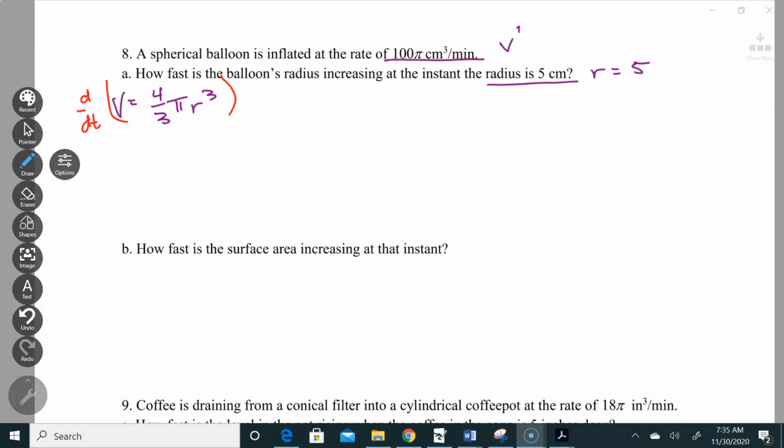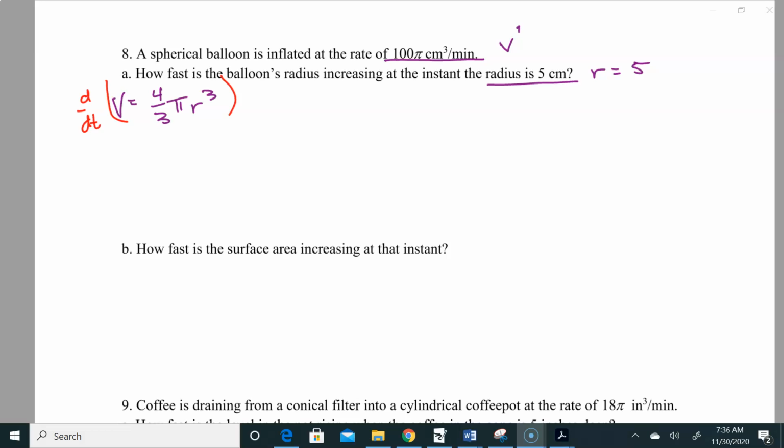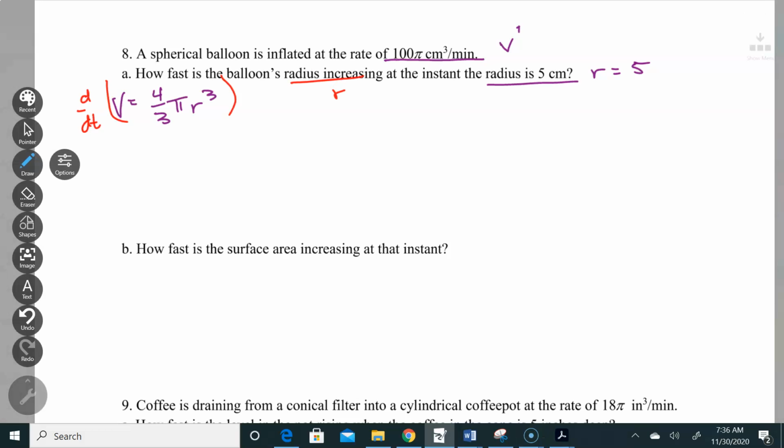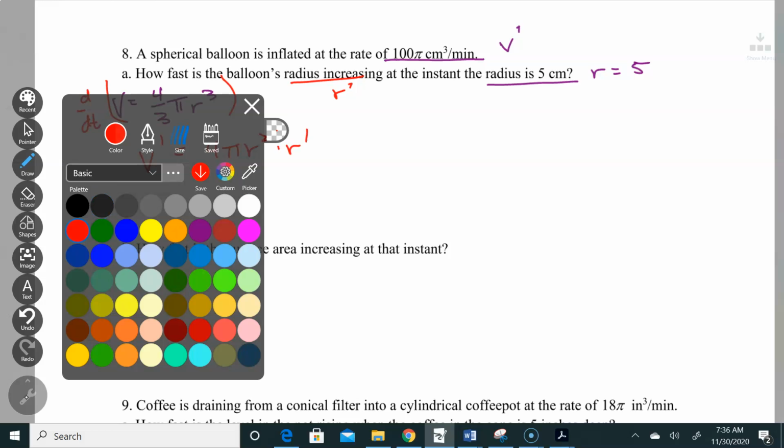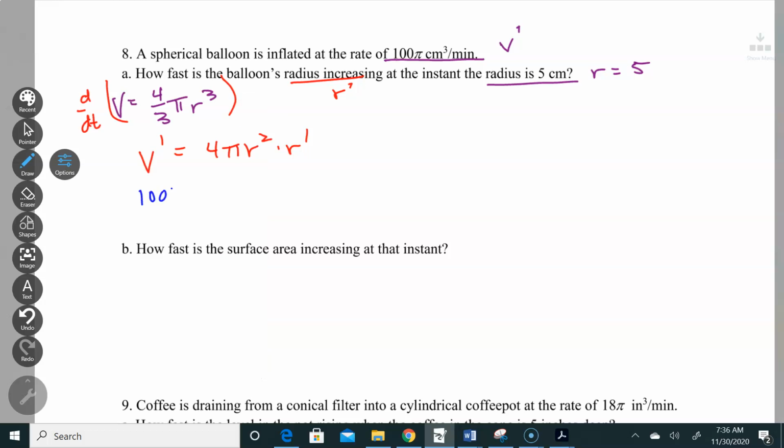So for this next problem, I know that the balloon is being inflated at 100 pi cubic centimeters per minute. So that's my V prime. I want to know how the radius is changing, so I'm trying to find R prime. When the radius is 5, I take its derivative, I get V prime is equal to 4 pi R squared times R prime. I plug in what I know. I know 100 pi equals 4 pi times 5 squared times R prime.